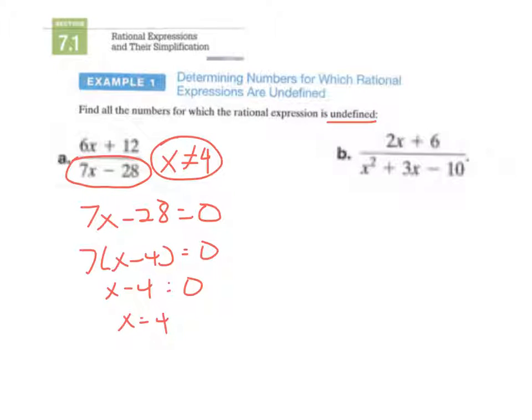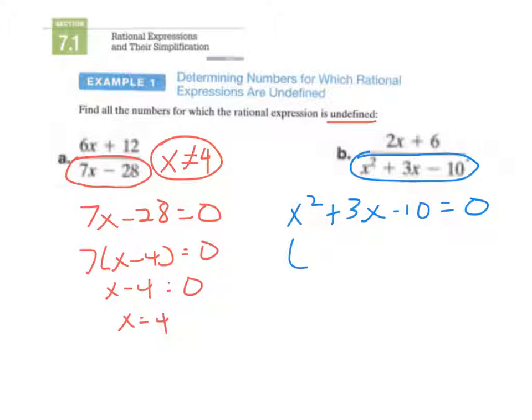If we look at this next problem, we want to look at the denominator once again, so we're going to make our denominator equal to 0 and solve. We're going to go through the same process as the last chapter. So I'm going to factor, and this happens to be x plus 5 and x minus 2 equals 0. Then I can set each factor equal to 0 and solve.